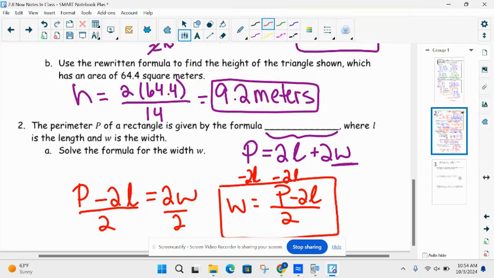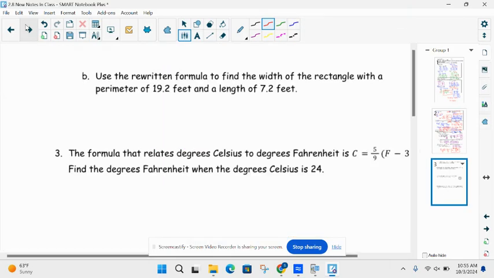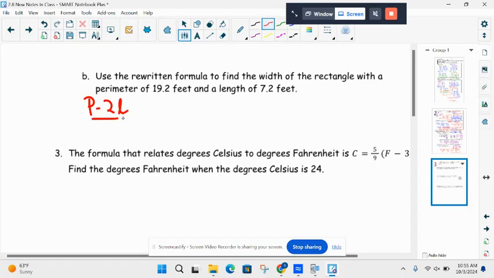And then in part B, you're going to use this formula to answer the question. They give you what the perimeter would be and what the length of the rectangle is. So P minus 2L over 2.